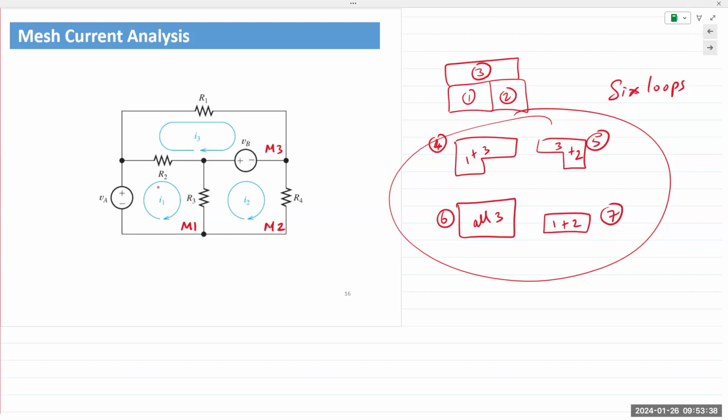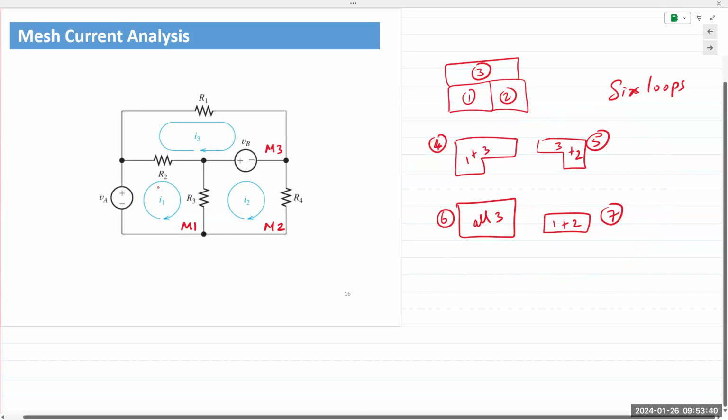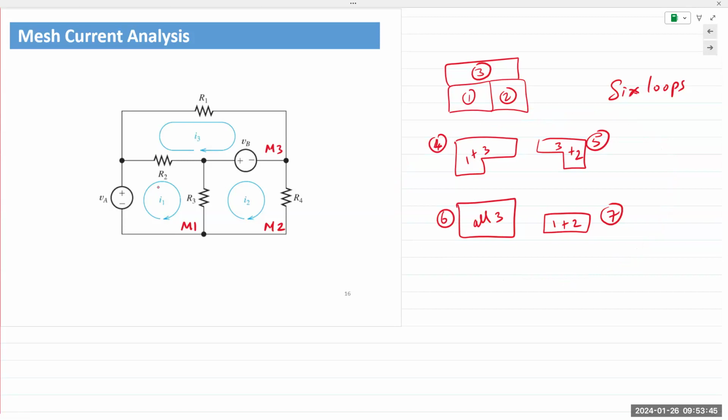So if it doesn't contain any other electrical loop inside it, then it's a mesh. As I said, mesh is easy because our brains can directly visualize different sections of a circuit schematic. So as I was saying, mesh currents are purely hypothetical, purely theoretical.